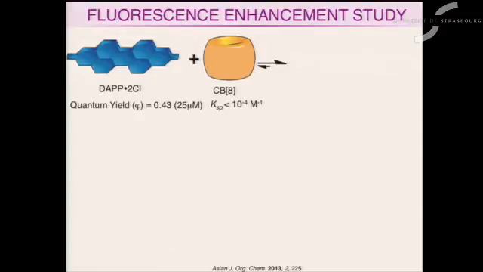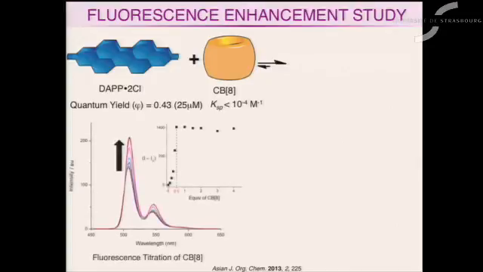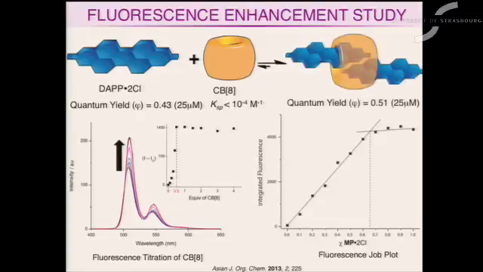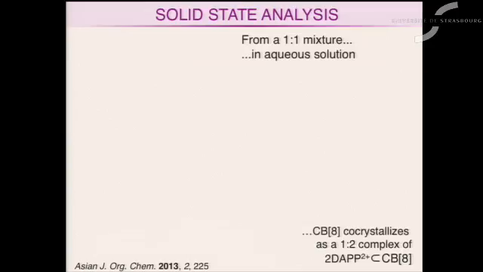The quantum yield, because this compound really fluoresces quite remarkably when you shine UV light on it, is in fact increased quite considerably when you add the equivalence of CB8 to 0.5, which is indicative of a 2-to-1 complex. And again, the Job plot bears this out.